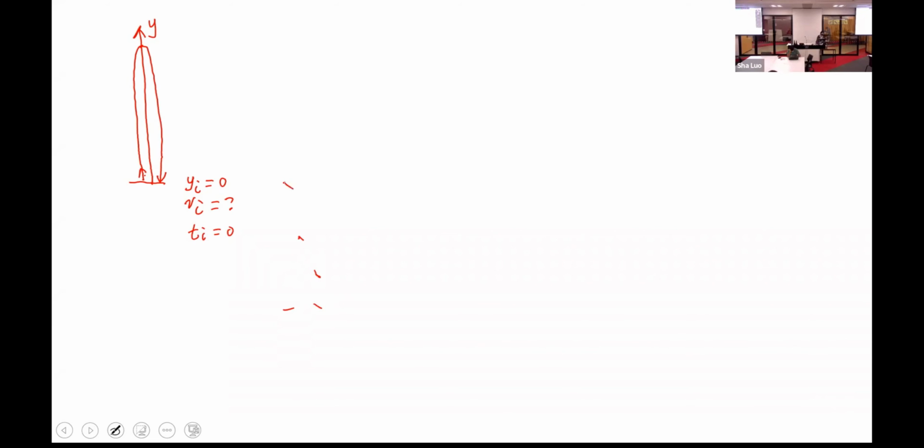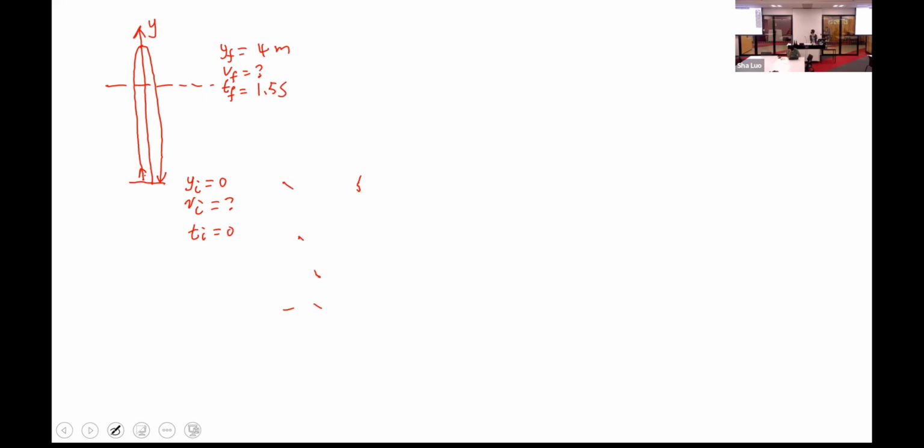What we only know is that at some point along the motion, we have our tf equals 1.5. We have our yf equals 4. We don't know our velocity here.